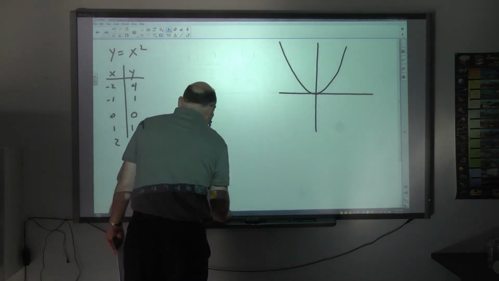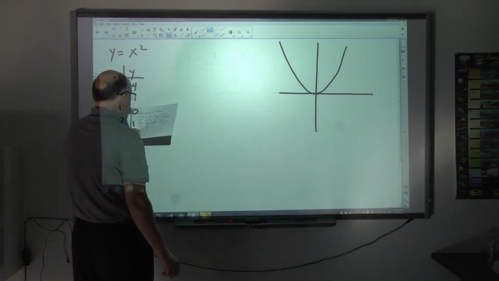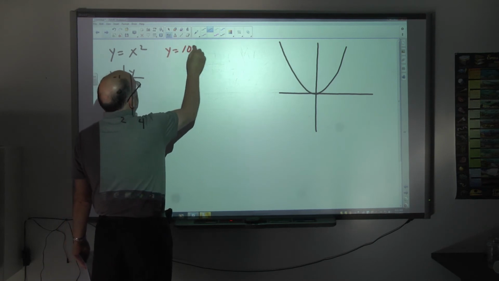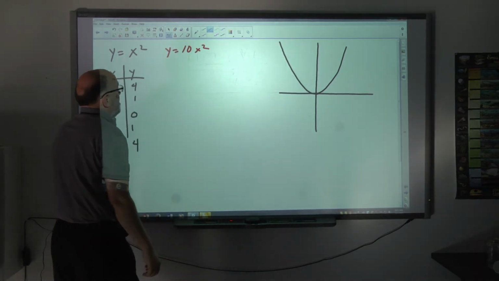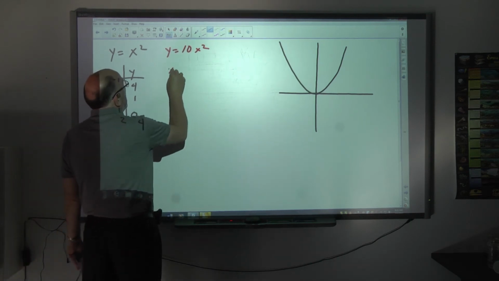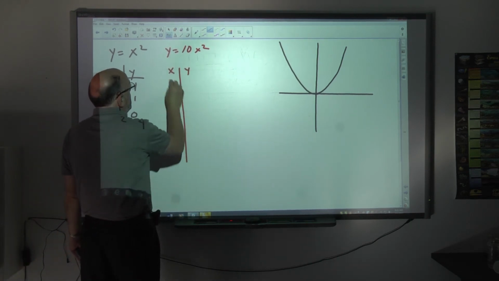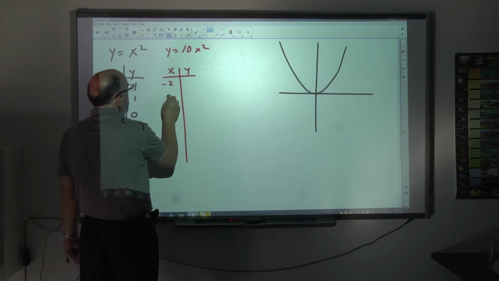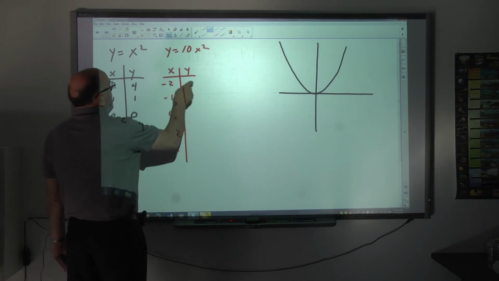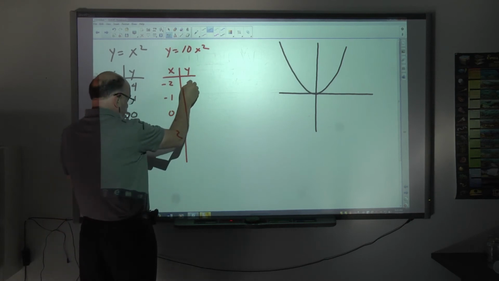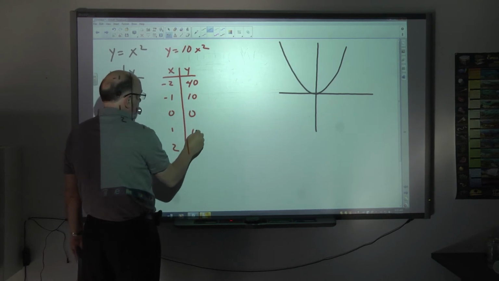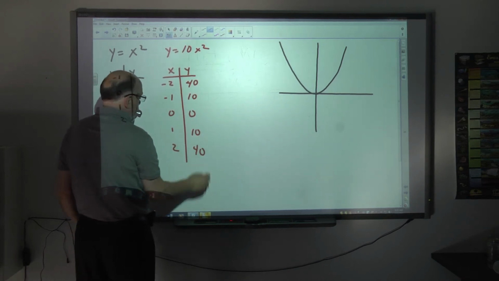What happens if we look at a slight variation, y equals 10 x squared? Now I have this 10 in front. What does that do to my graph? Let's do another little chart with the same numbers: 40, 10, 0, 10, 40.